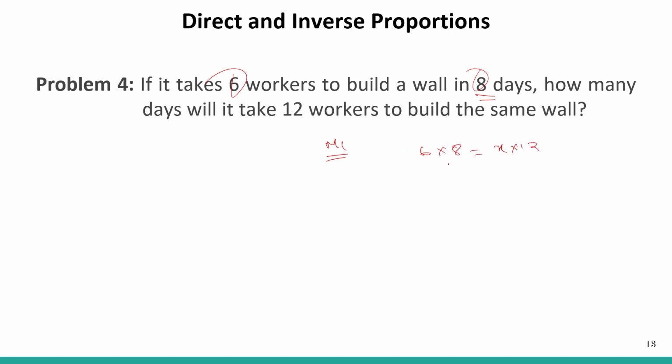So W1 is this and W2 is this. T1 is this, T2 is unknown, right? This implies that x is equal to 6 into 8 by 12. So this will be 4. It will take only 4 days to build the same wall.